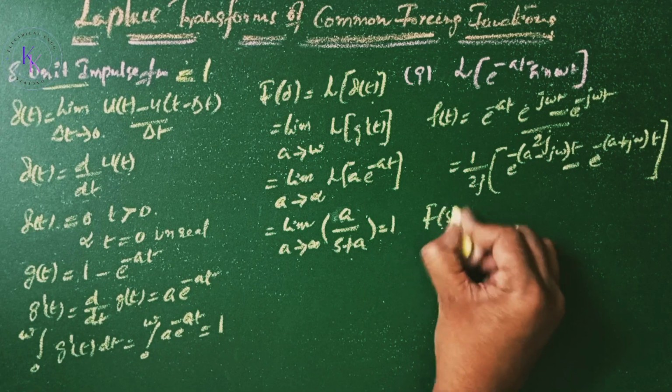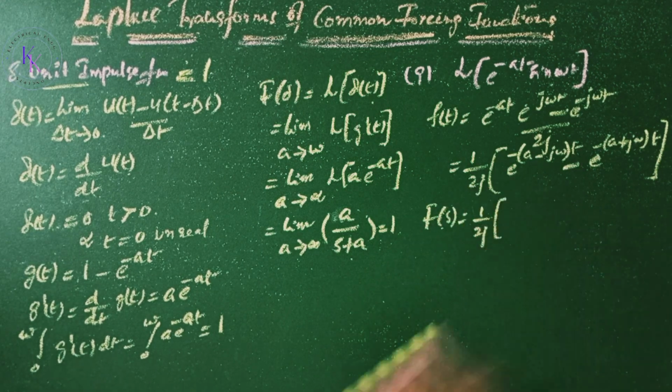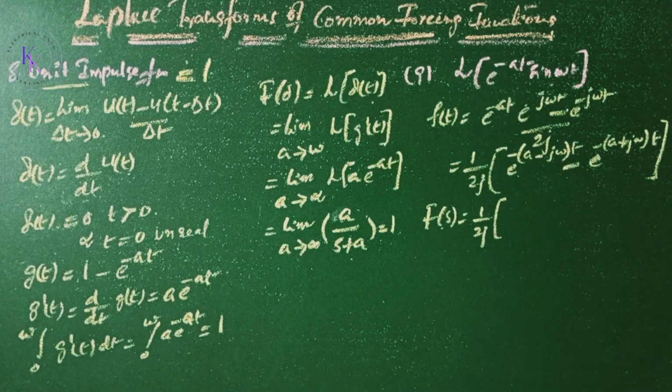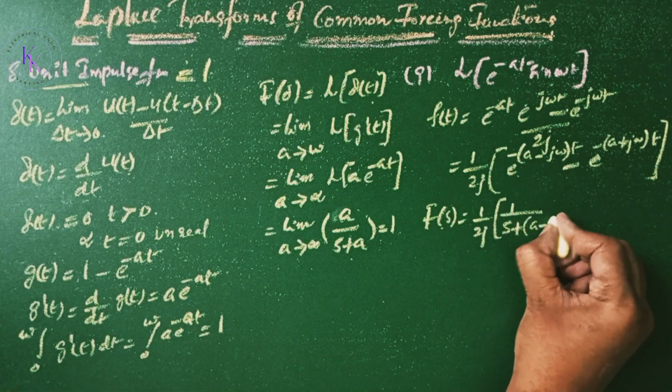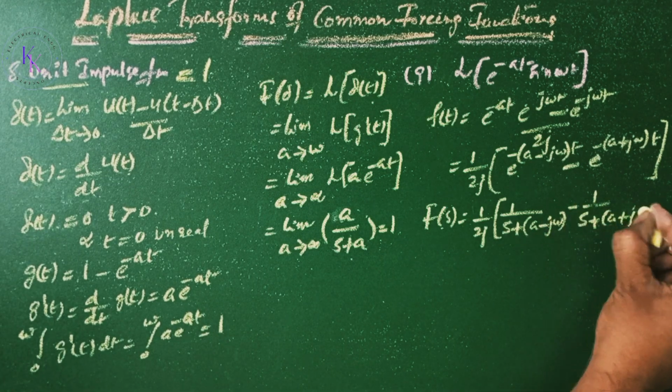The Laplace transform of the above function is given by 1 by 2j of, this is e to the power of at. We have already seen that e to the power of at function will be getting 1 by s plus a minus j omega minus 1 by s plus a plus j omega.